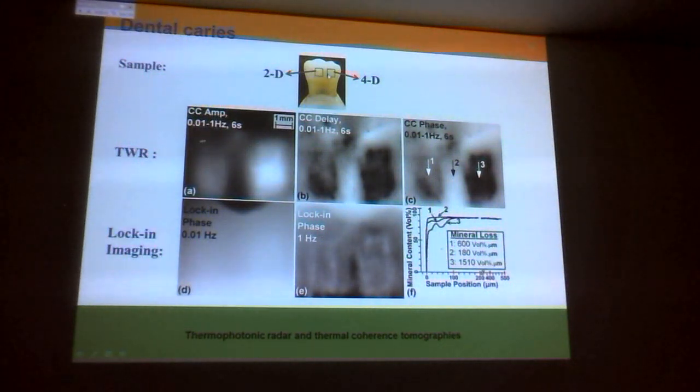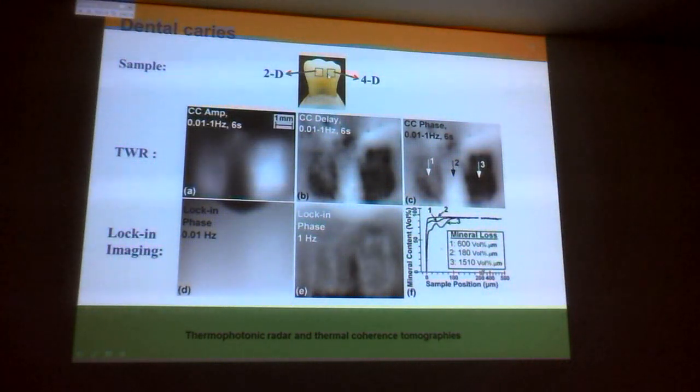This is 1 millimeter, and already the amplitude, the cross correlation shows the difference. The delay time, and especially the phase, are exactly where you want to be, because now you see the difference between the two. There's less demineralization, more demineralization, the same thing here. And the good enamel is in between.